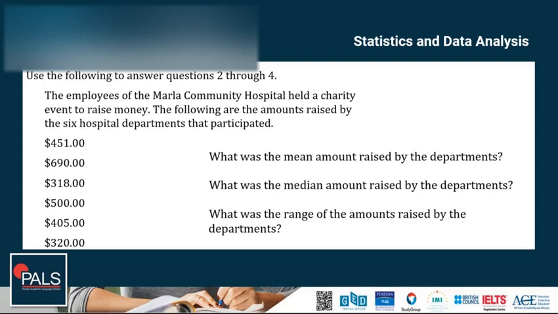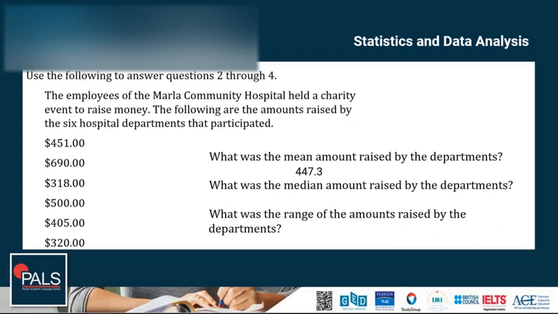To find the mean, add all the numbers and then divide by the total number of values. So we have 447.3. Now, what was the median amount raised by the departments?